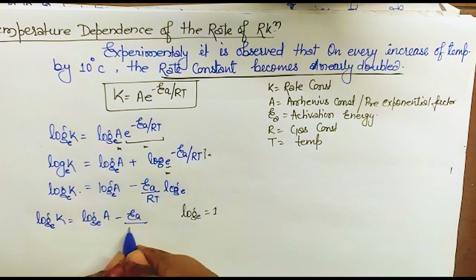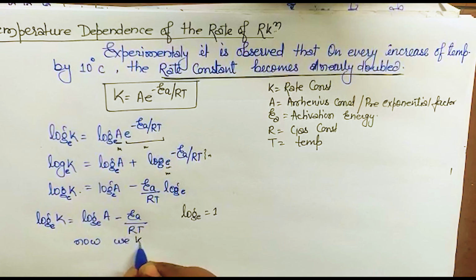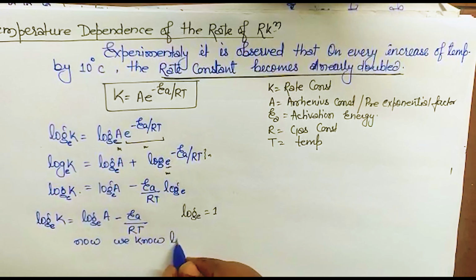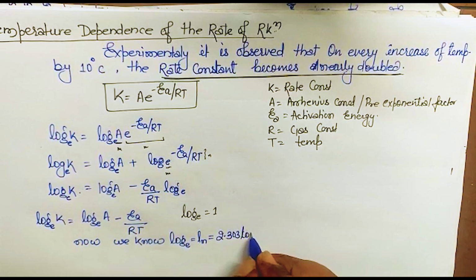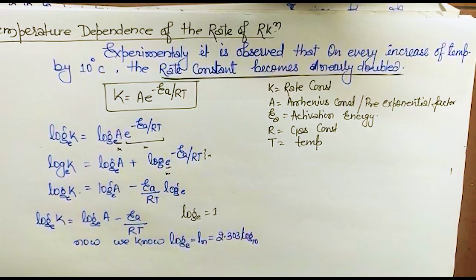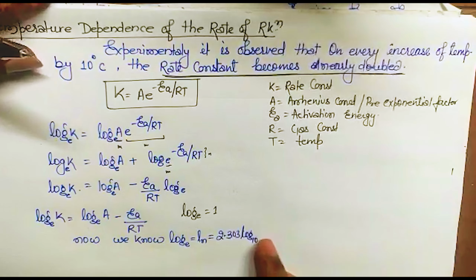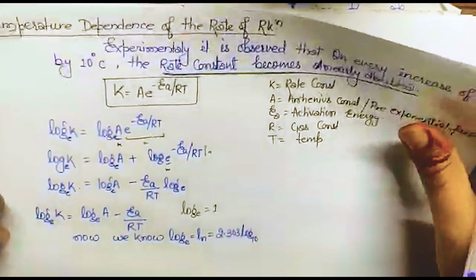Yes. Now we know that log to the base e, which is also written as ln, is equal to 2.303 log to the base 10, isn't it? And all the values can be found with the help of this only.